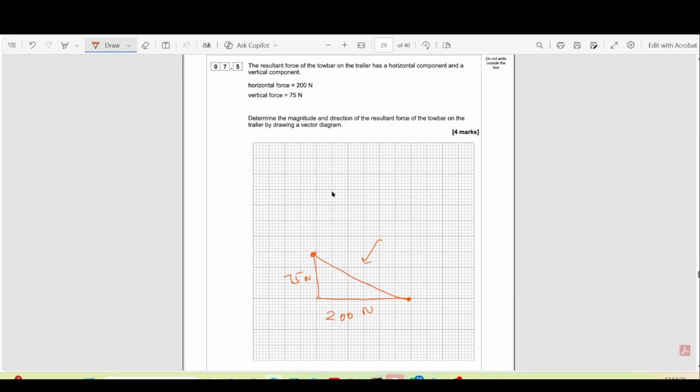So 75 squared plus 200 squared equals hypotenuse squared. Let's say a squared plus b squared is equal to c squared. So 75 squared plus 200 squared equals R squared, which we need to find.